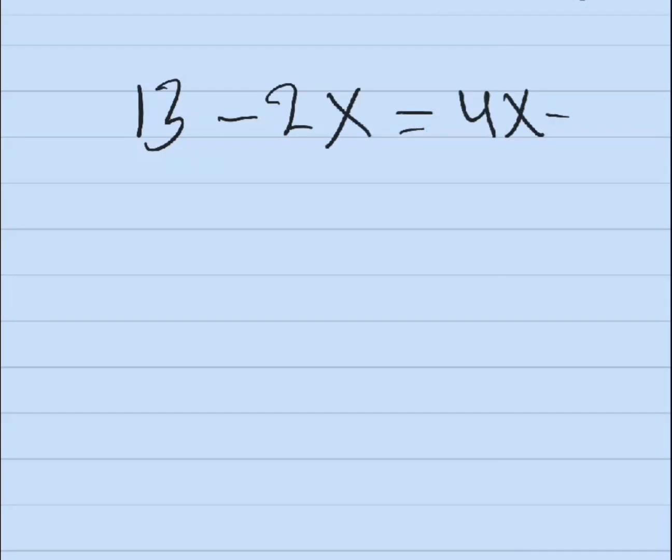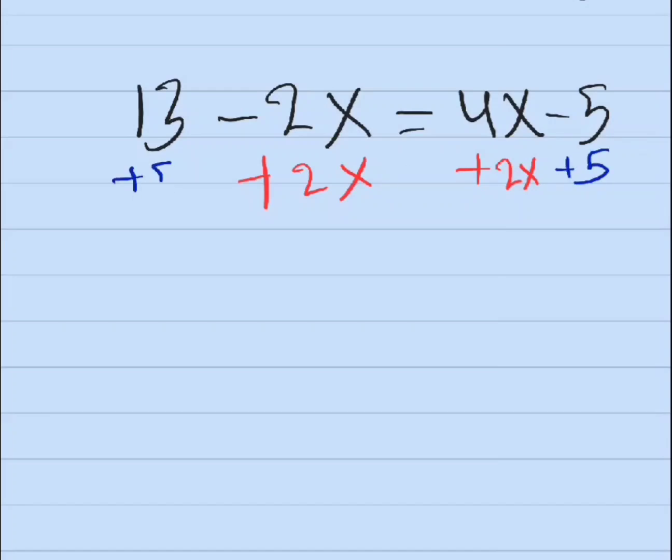Here's a similar example. 13 minus 2x is equal to 4x. So now it's your turn. Go ahead and work on that problem. So now what I'm going to do is add 2x to both sides. And at the same time, I'm going to add 5 to both sides.